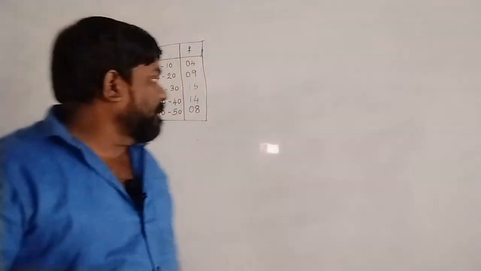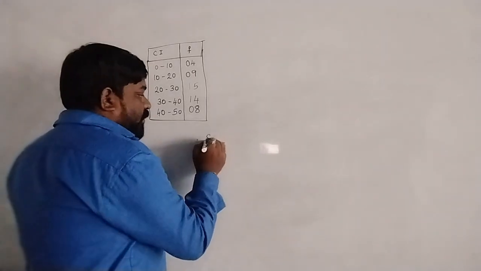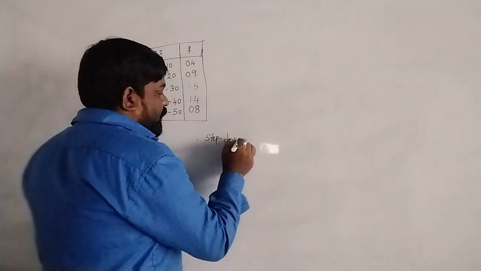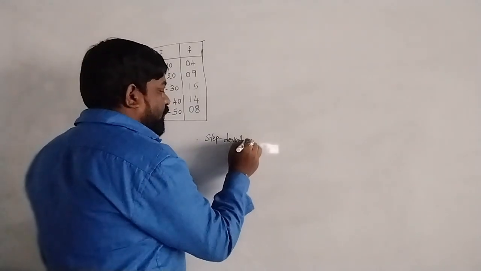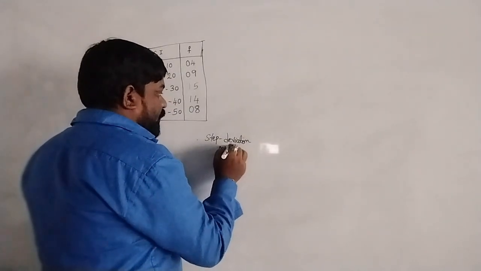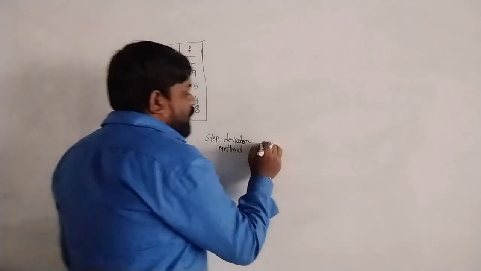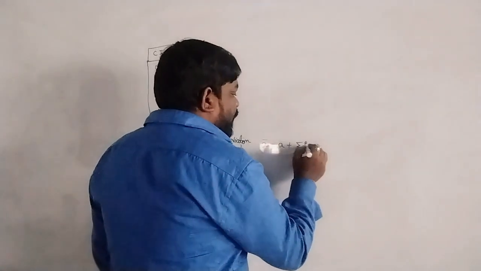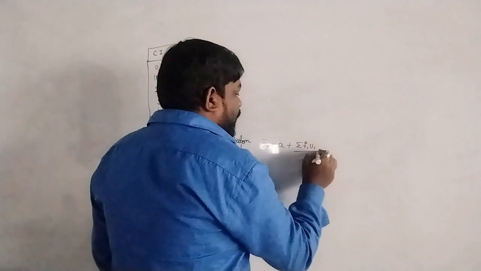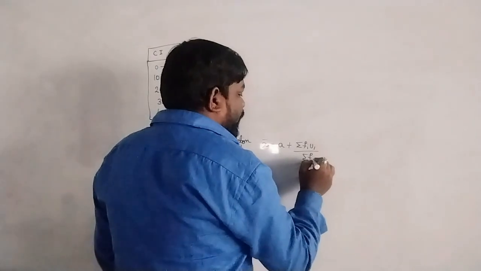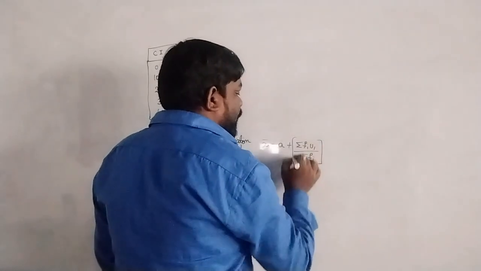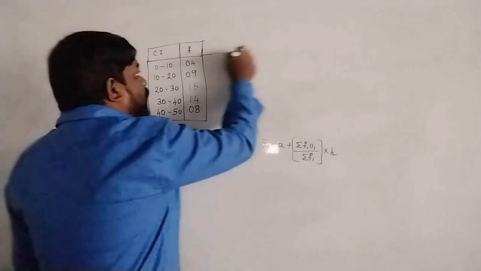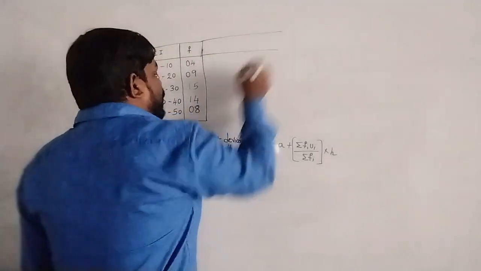Look at another sum. So first write the formula for the step deviation method. So the formula is x dash equals a plus sum of fi ui by sum of fi into h. So what columns do we require now?